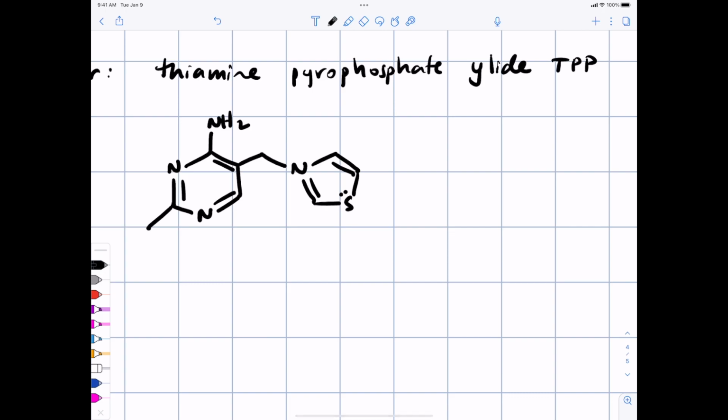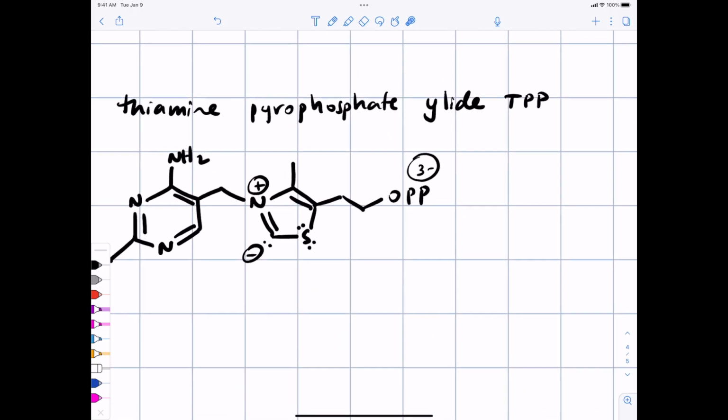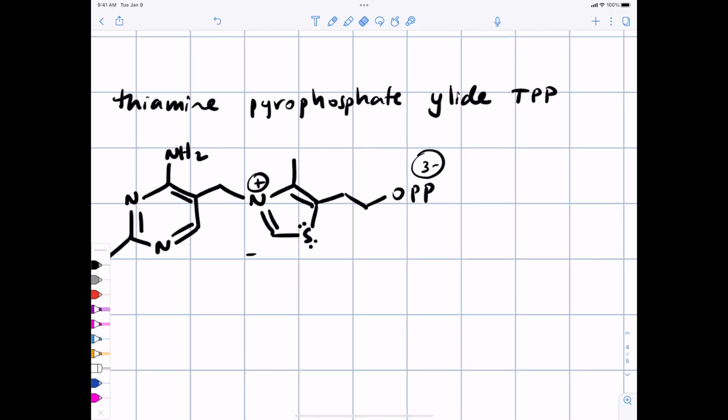Thiamine has a 5-membered aromatic ring. Unusual because you've got a nitrogen and a sulfur in it. It's called an ylide because thiamine itself is the conjugate acid of this molecule, and would have had a proton there. You've got a permanently positively charged nitrogen here.